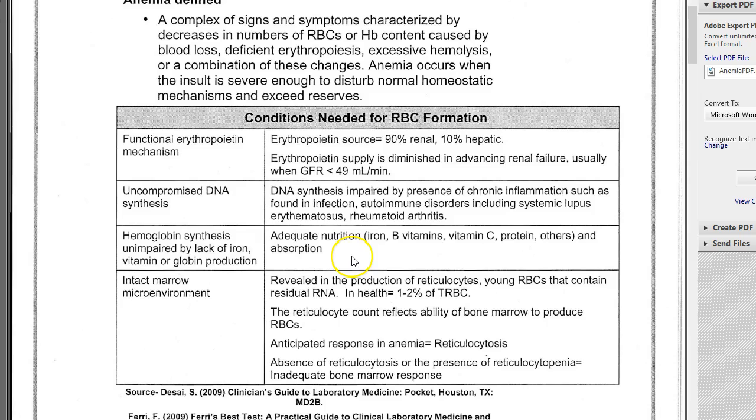So basically, people need to have adequate nutrition, getting it from iron, B vitamins, vitamin C, protein. Most of that's going to come, of course, through just a daily diet, maybe a multivitamin. You're also going to need an intact environment for bone marrow.